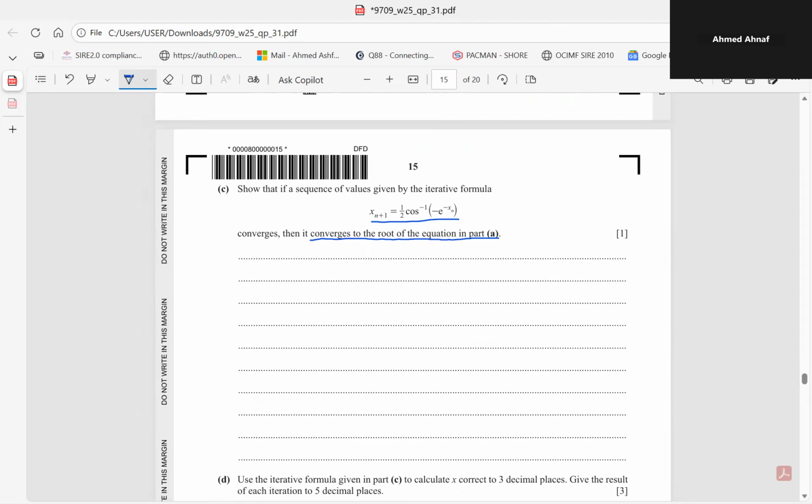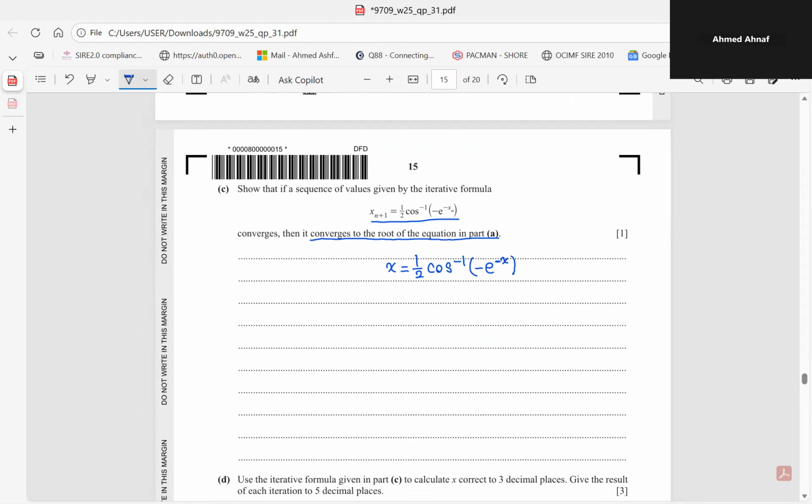So let's copy down the iterative formula, excluding all the n's. You just get x equals half cosine inverse of minus e to the power of negative x.